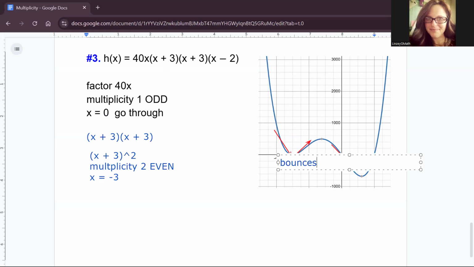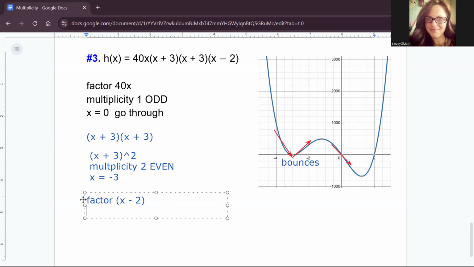And then our last factor, x minus 2, has an odd multiplicity of 1. So at x equals positive 2, the x-intercept, the graph will go through. Odd multiplicity, we go through.